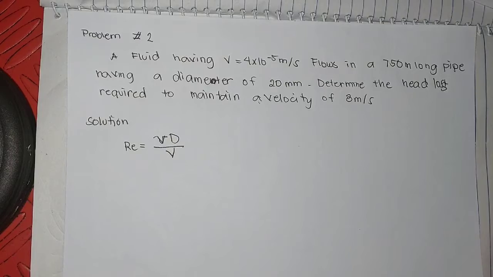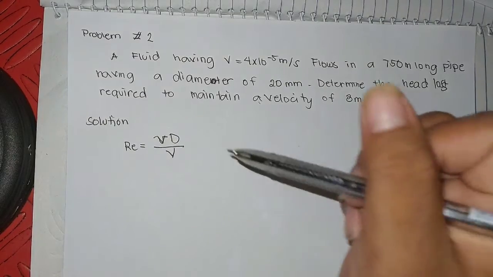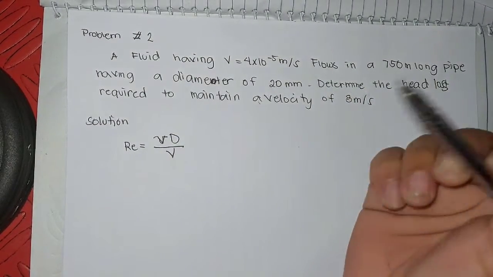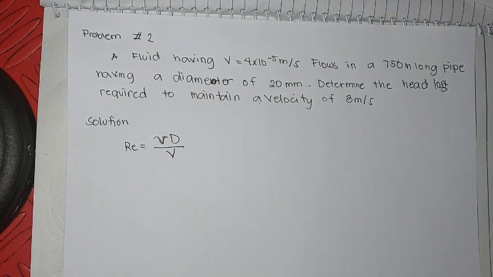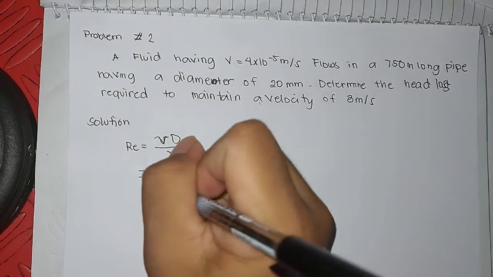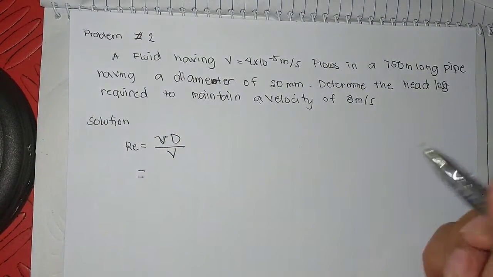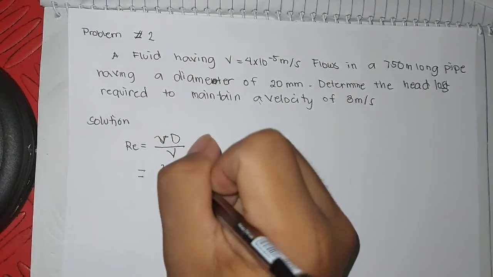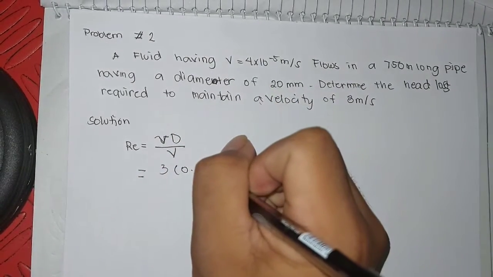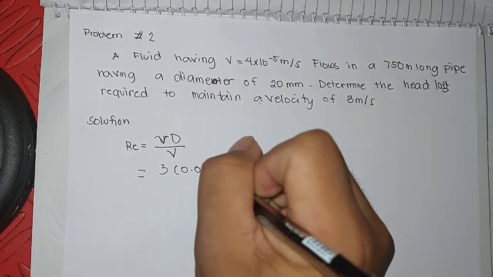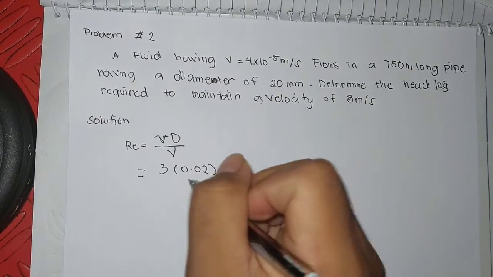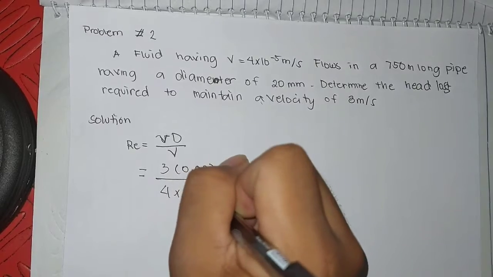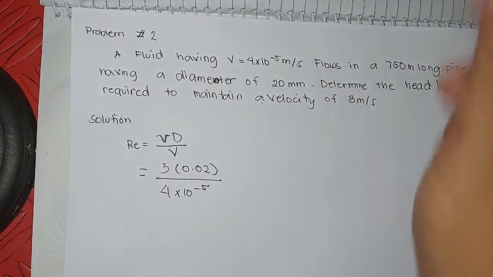So we're going to use again the Reynolds formula, where the Reynolds number is equal to the velocity multiplied by the diameter over the viscosity. So our velocity is 3 multiplied by 0.02, our diameter, over 4 times 10 raised to the power of negative 5.